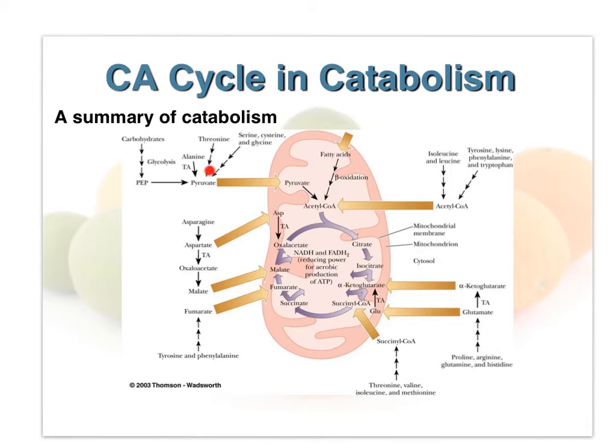We've already shown here where alanine using aminotransferase gets made to pyruvate. Pyruvate gets transformed into acetyl-CoA. This is the citric acid cycle. We're going to find out how you can have other amino acids and stuff that can be broken down to acetyl-CoA. Acetyl-CoA can go in through, and so on and so forth.